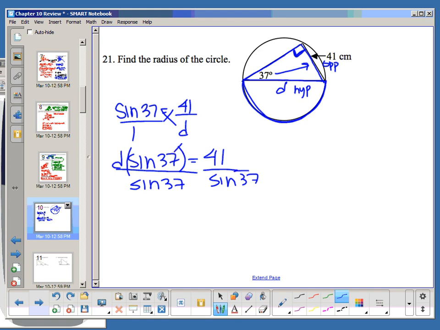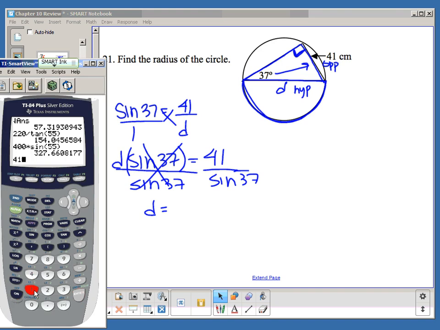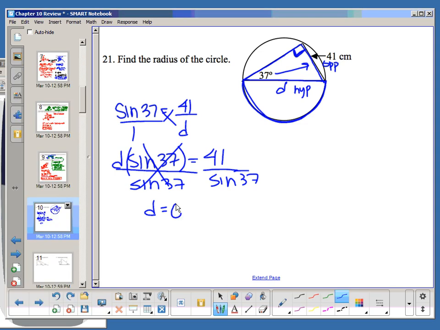Divide by sine of 37 because that's just a number. I'm left with diameter equals 68.1. And so I'm going to divide that by 2 to get the radius. So the radius is going to equal 34 approximately.